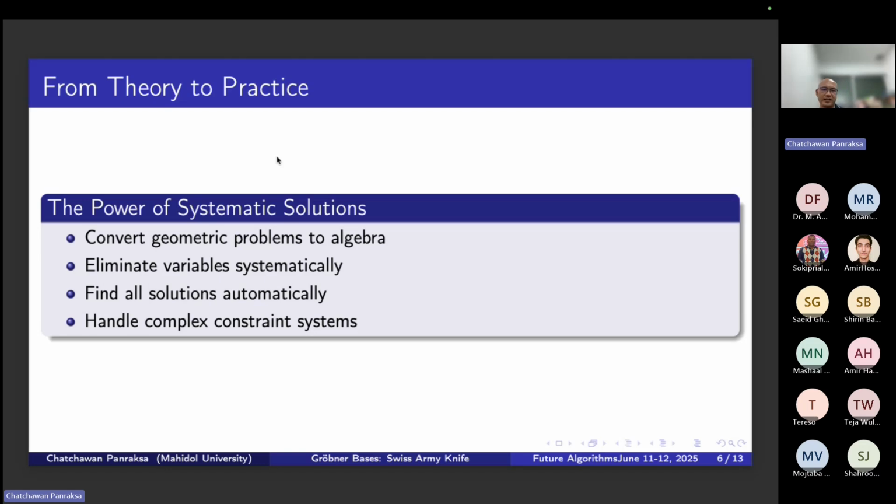The keyword here is by hand, because if you deal with, say, 5 polynomials in your system, sometimes it's hard to know where to start. But a Gröbner basis will do it systematically.